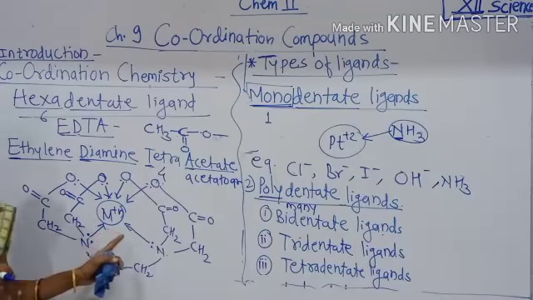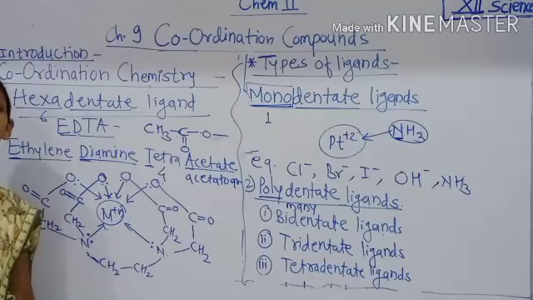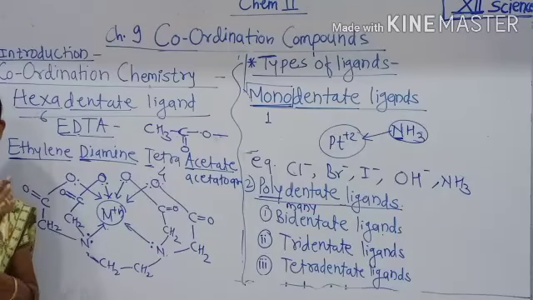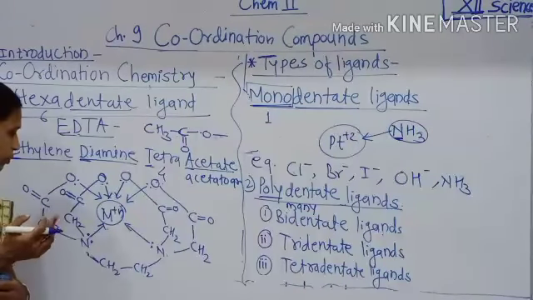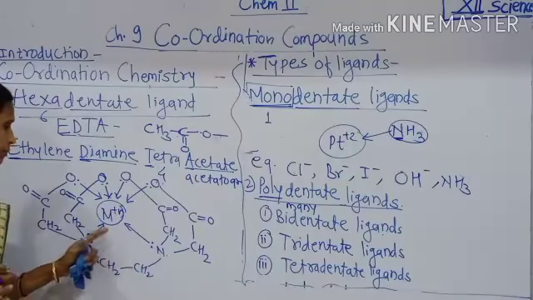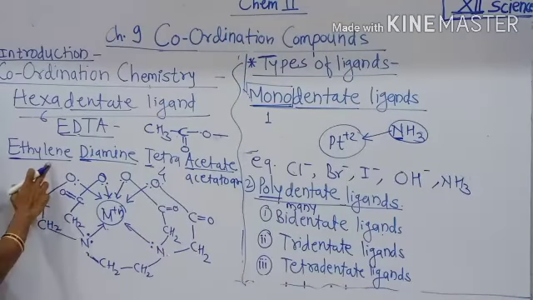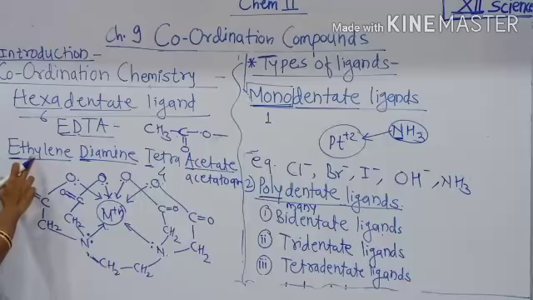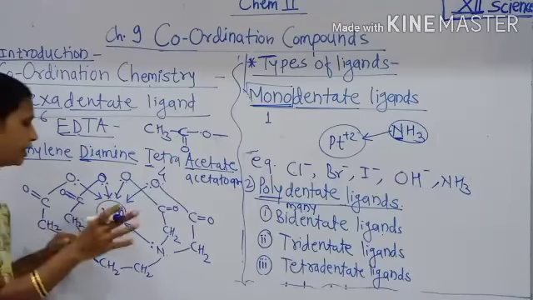That means it forms 5-membered rings, 5 rings in total. Therefore, these are called 5-membered rings, giving the metal chelate structure of EDTA, which is a hexadentate ligand.